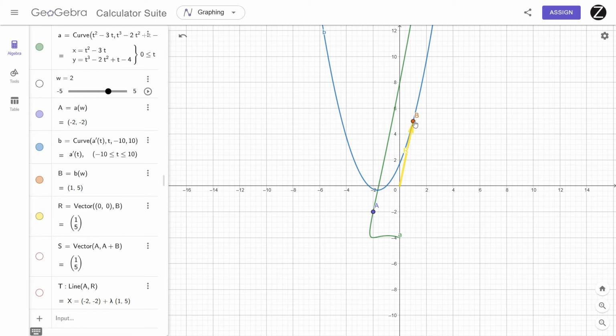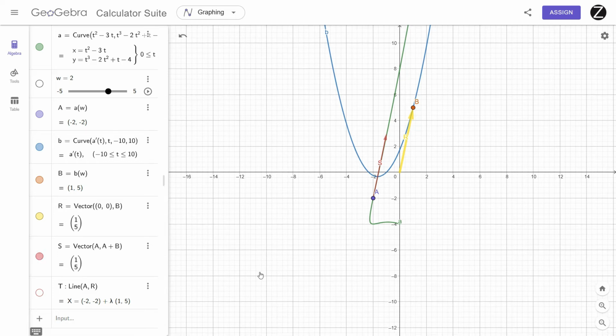We have point B at point 1, 5, and the vector starting at the origin is going 1 unit to the right and 5 units forward. So that's a good way to show the slope of this function. So let's try something. What if we duplicate this vector going in the same direction, but we start from point A? Let's see what happens.